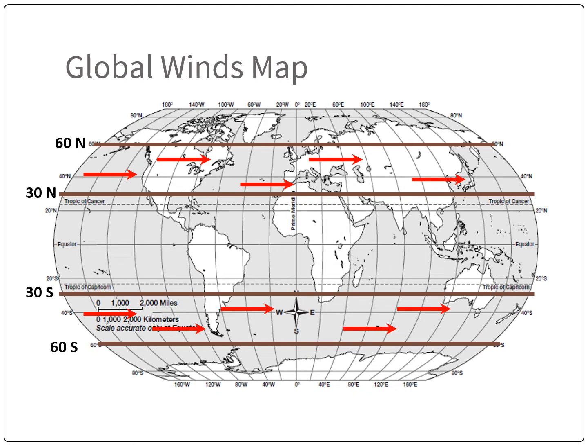Now, with the color you chose, I want you to draw your prevailing westerlies. So you can see on the map, there are arrows going from the west to the east. They're both in the northern hemisphere and in the southern hemisphere.